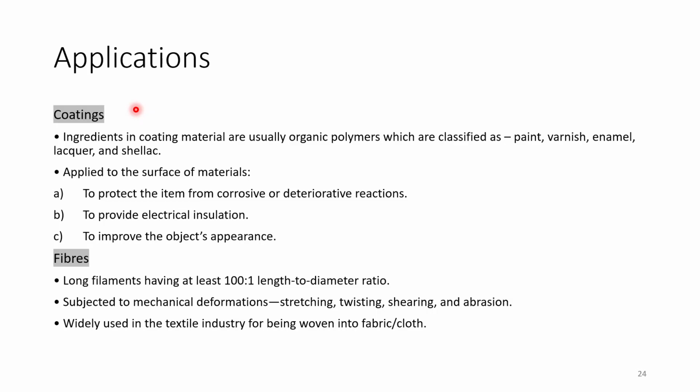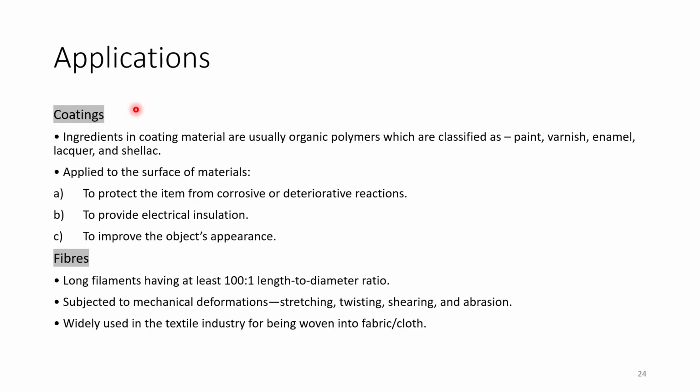Next up, in the form of coatings. The ingredients in coating material are usually organic polymers, which are classified as paint, varnish, enamel, lacquer, and shellac. It is applied to the surface of materials to protect the item from corrosive or deteriorative reactions, to provide electrical insulation, or to provide objects appearance.